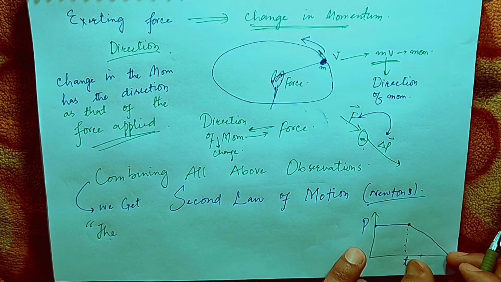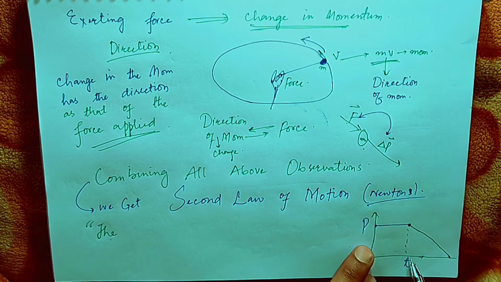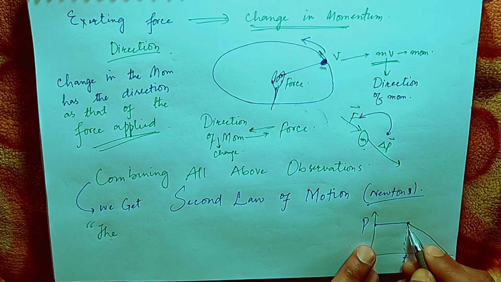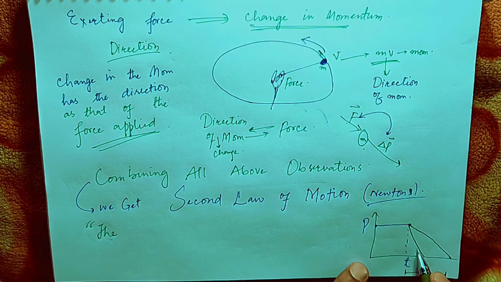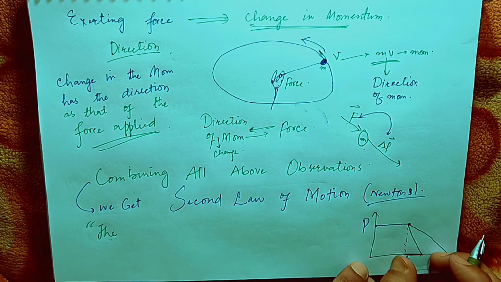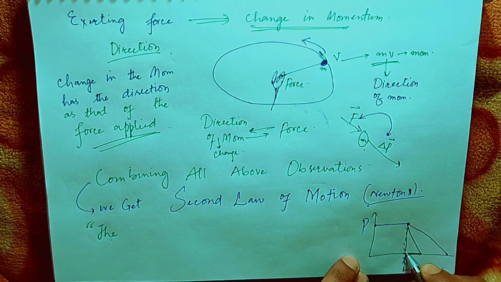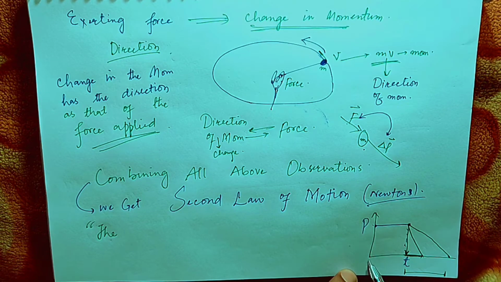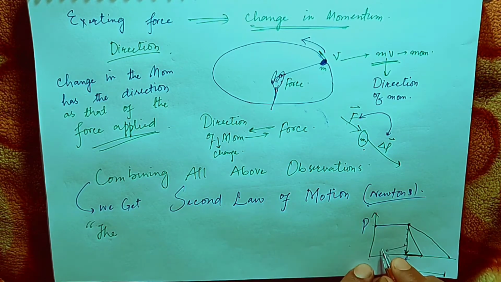So that means a lesser force has been applied here, because the time of action is very high. If more force is applied, the change in the momentum will happen in a lesser amount of time. And if there is an almost instant change, that is, momentum change from P to 0 instantly, that means the force applied is high.